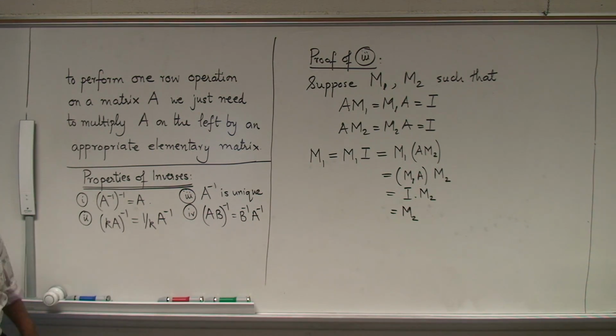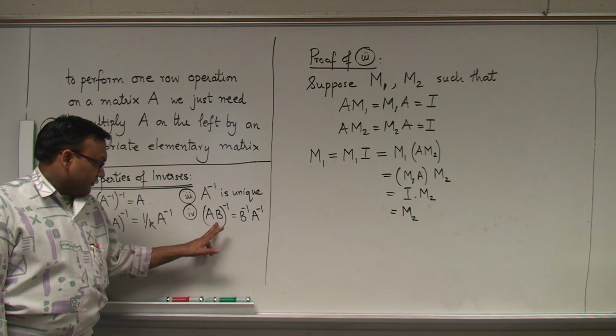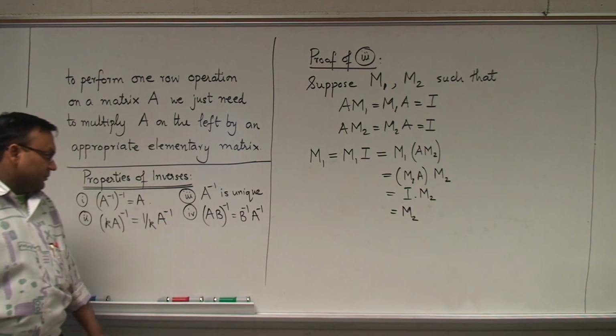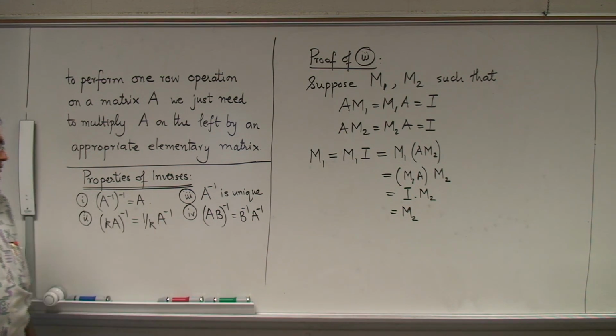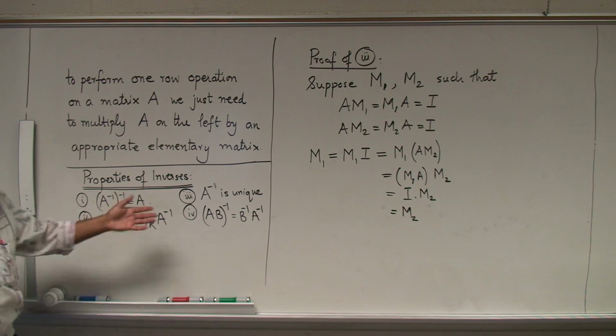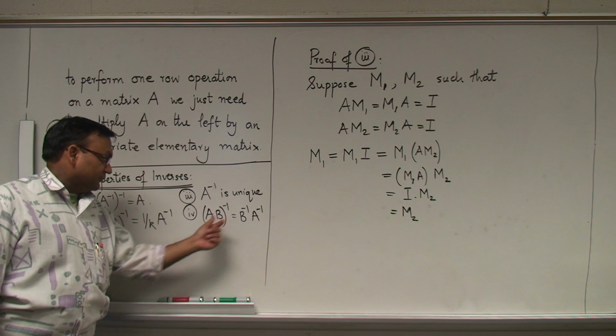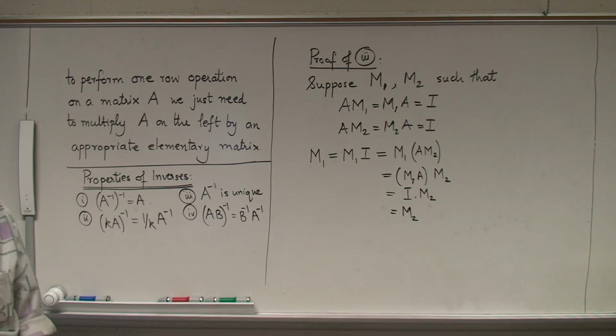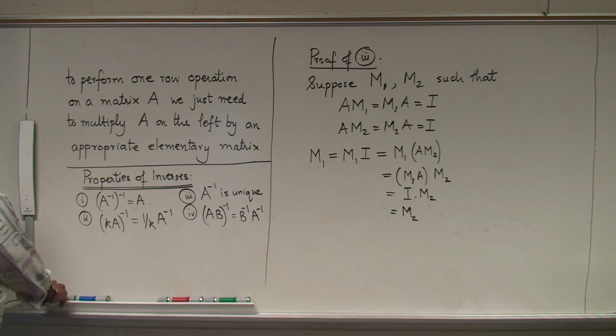Then we will see why. Secondly, this result is also kind of assuming that both A and B are invertible. Then only A times B will be invertible. So in other words, this result is telling you that if even one of them was not invertible, then this result may not be true. So keep that in mind.